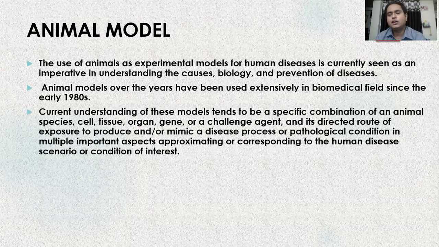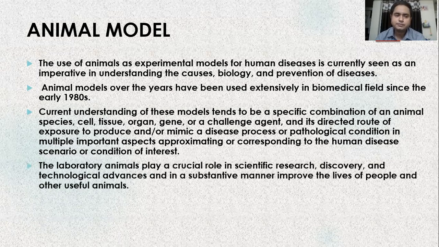Current understanding of these models tends to be a specific combination of an animal species, cell, tissue, organ, gene, or a challenge agent, and its directed route of exposure to produce or mimic a disease process or pathological condition in multiple important aspects approximating or corresponding to the human disease scenario or condition of interest.